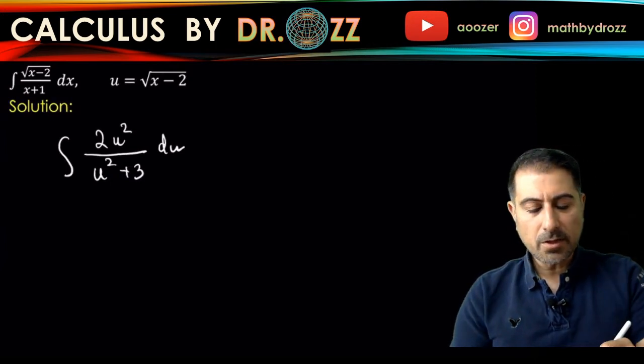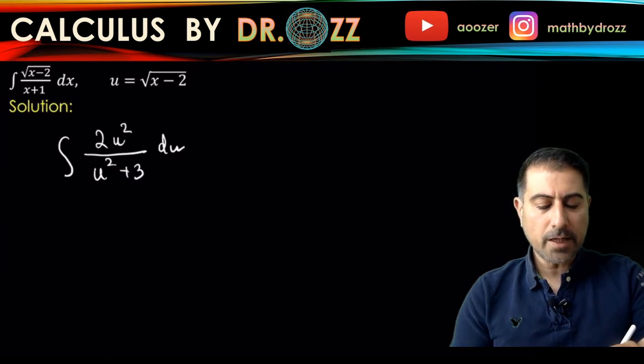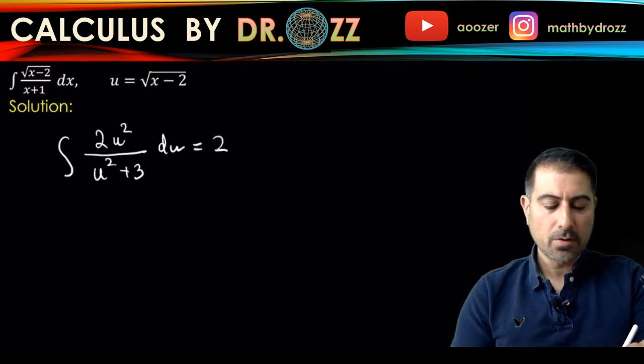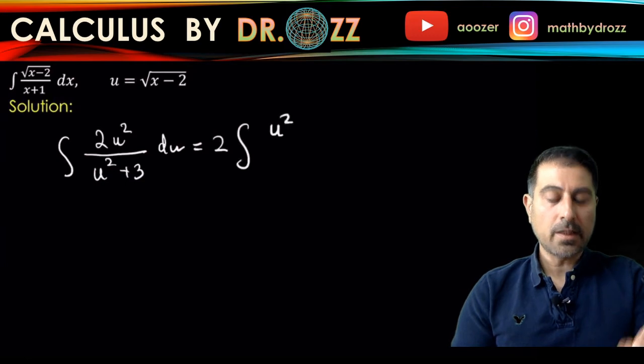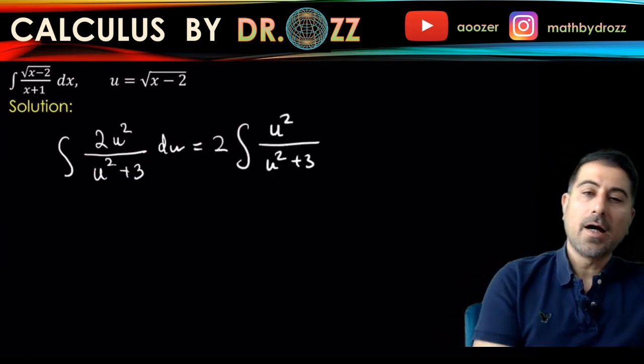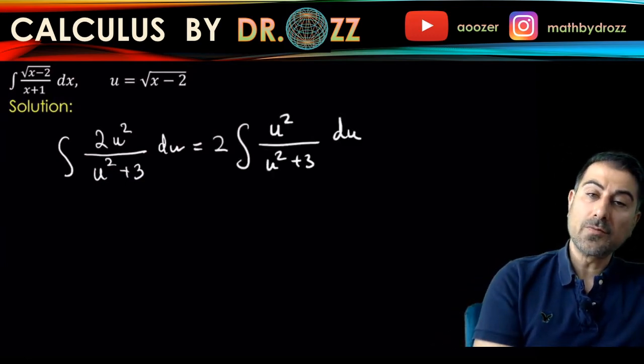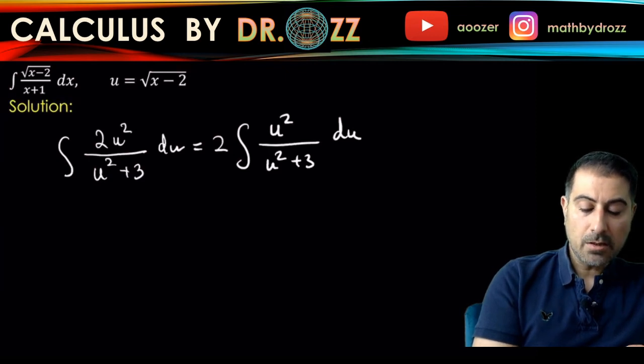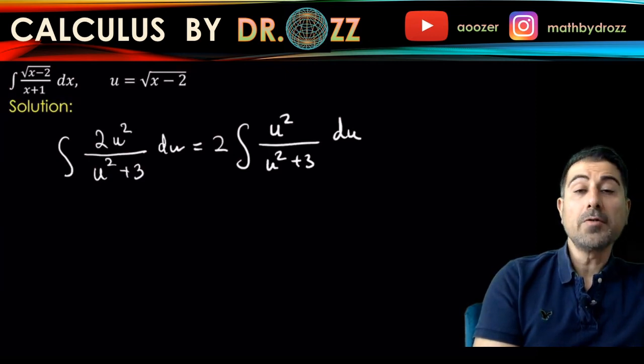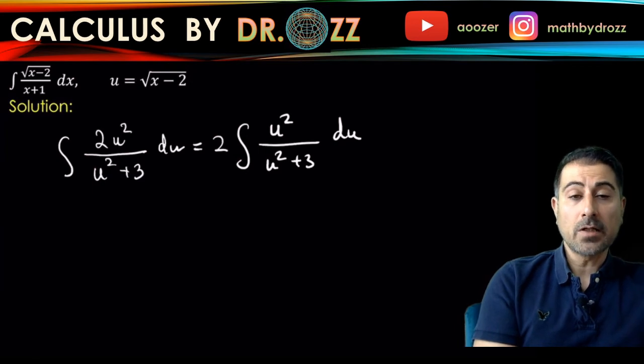So what I'm going to do here is pull 2 out first, and I'll try to simplify this fraction. I'm going to split that into 2 fractions because I may make the top look like the bottom by adding and subtracting 3.